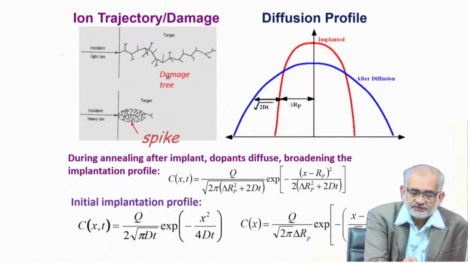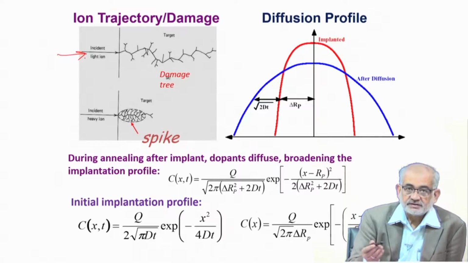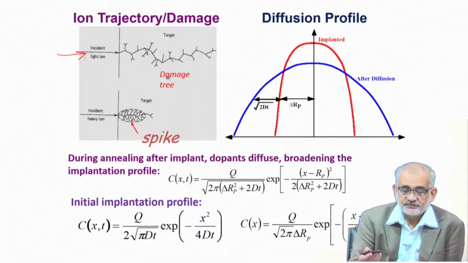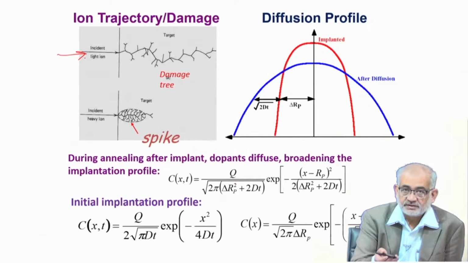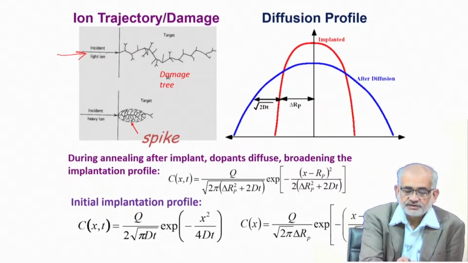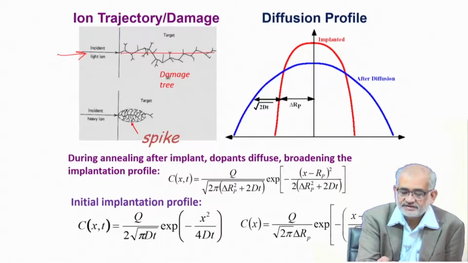Typically when you are dealing with light ions, not very high atomic number, say nitrogen or oxygen and so on, they'll have the capacity to penetrate deeper.